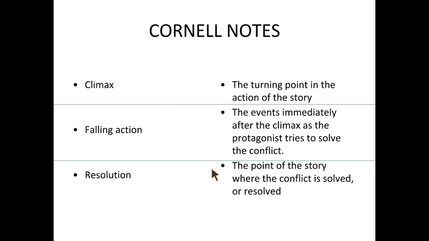I want you to write that the falling action are the events immediately after the climax, as the protagonist, that's the main character, tries to solve the conflict. And the last note that I want you to take is the resolution. That's the point of the story where the conflict is solved or resolved. Take a moment to write those notes down.